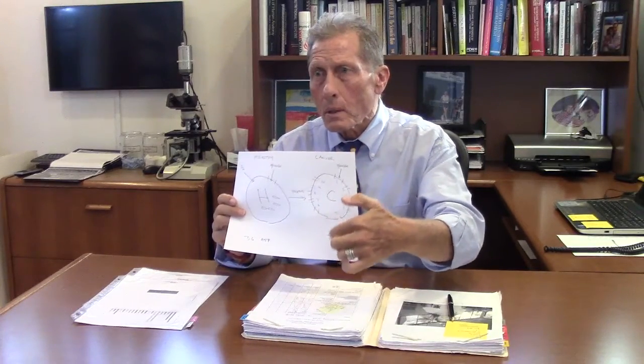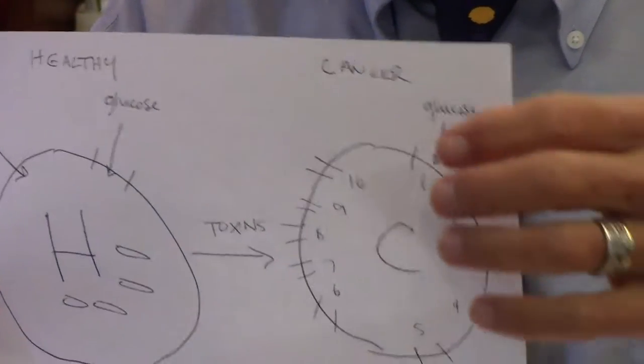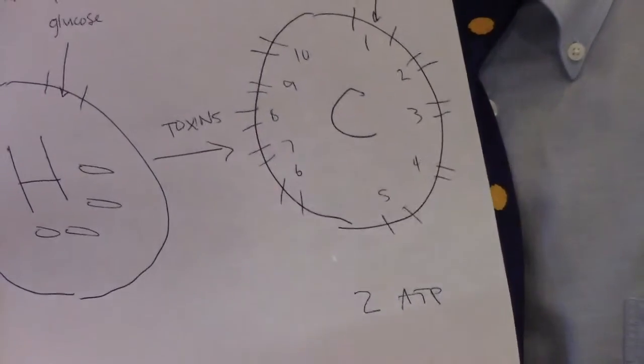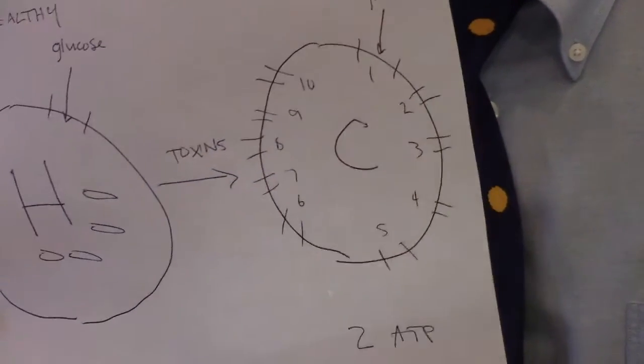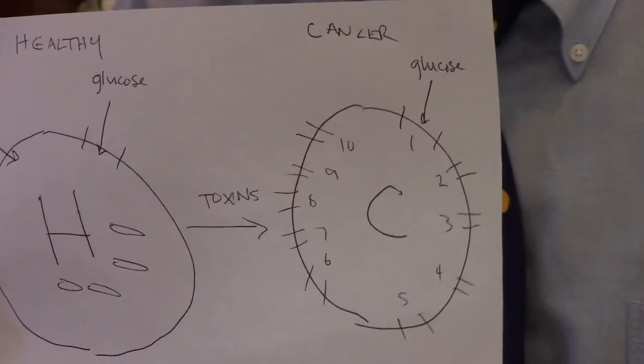What it does is it starts making more doors where sugar can come in. So theoretically, instead of one door where sugar comes in, now it can get in 10 doors where sugar can come in. And if it's got 10 doors, instead of only making 2 ATPs, it can make 20. And on 20 it can live.